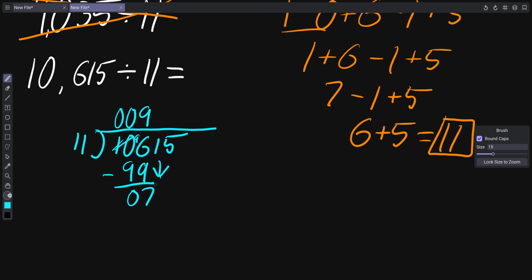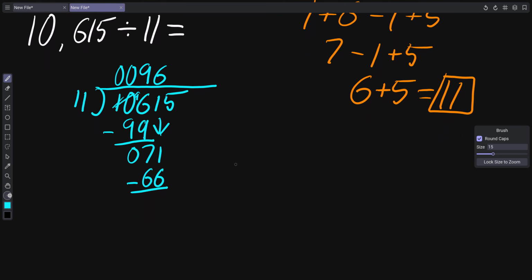Actually, I made a mistake. We're going to have to drop down the 1 anyway. My mistake. So 11 can go into 71. How many times? It goes into it 6 times. And 6 times 11 equals 66. And then we subtract.